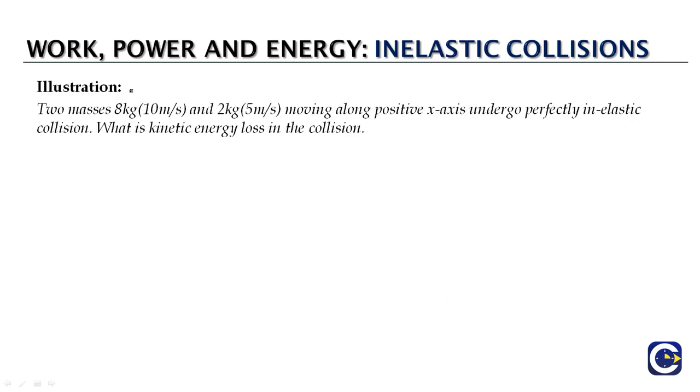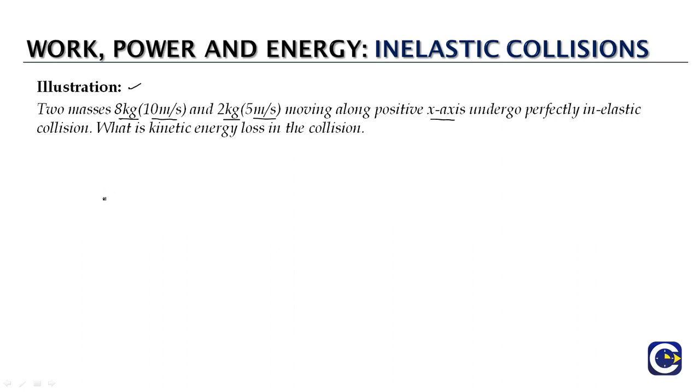Now we'll just look at some sample problems. So we have two masses, 8 kg which has a velocity of 10 meters per second, and 2 kg which has a velocity of 5 meters per second, moving along the positive x-axis. So both of them are moving along the positive x-axis and undergo a perfectly inelastic collision. What is the kinetic energy loss in this collision?